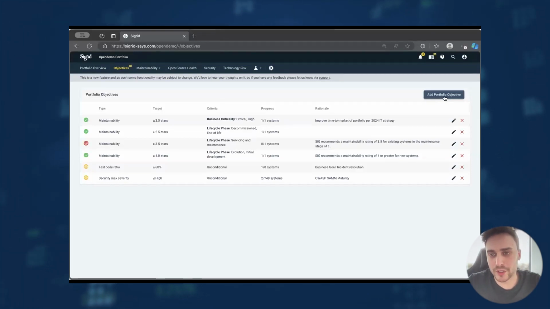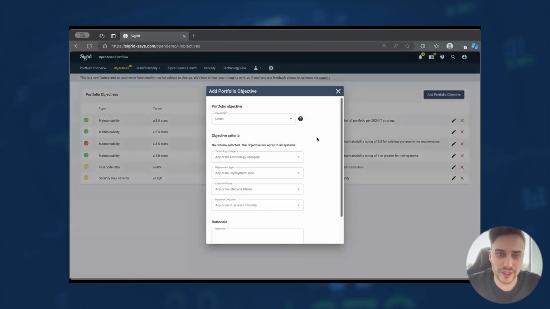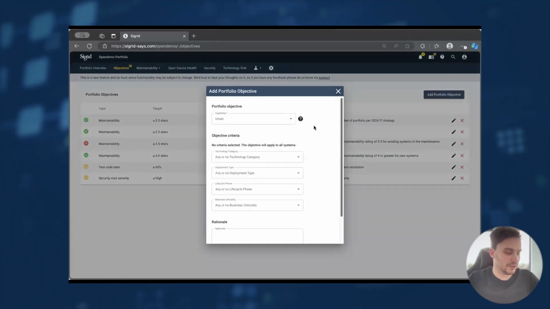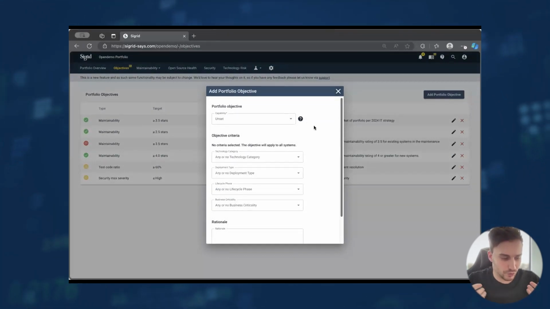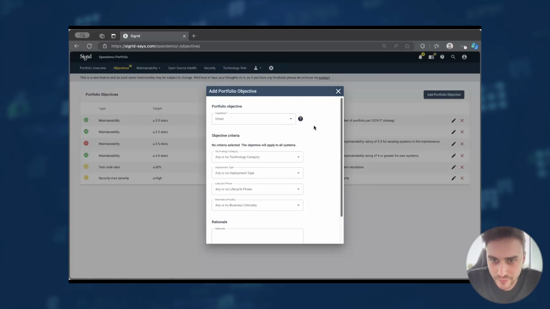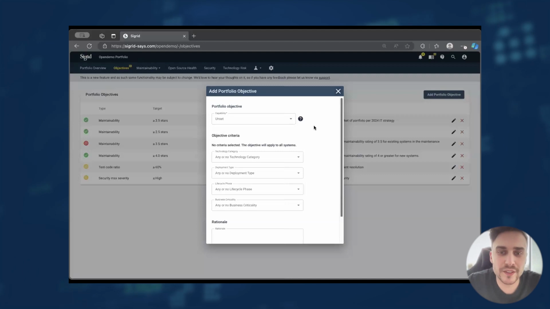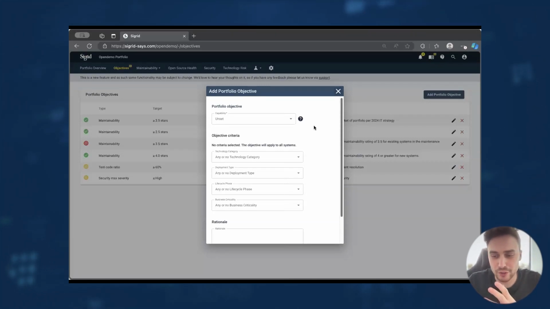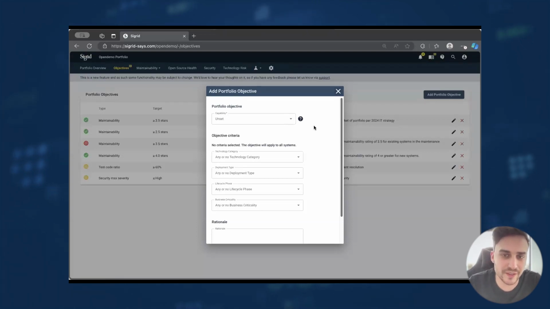If you click on Add Portfolio Objective, we imagine the example that security is very important to the business, and you want to avoid that there are any security vulnerabilities in the libraries of all the systems that you have in your portfolio.